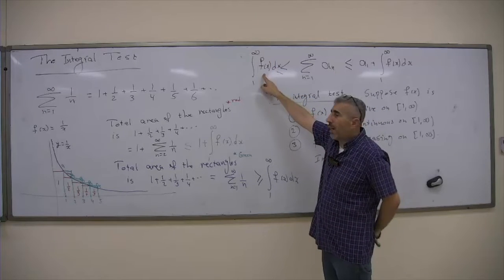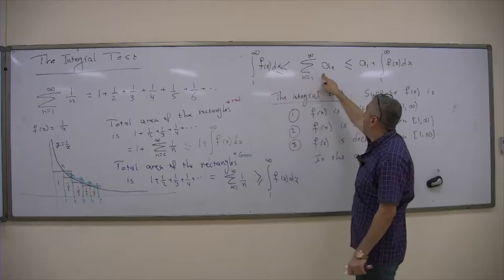In this case, if the improper integral is divergent, then this series is divergent.